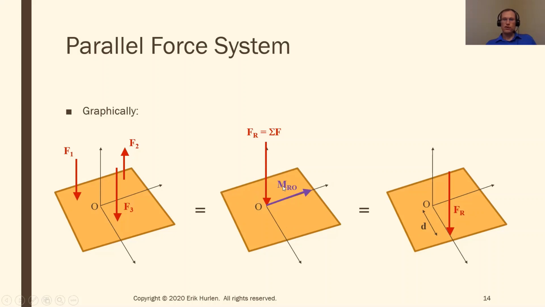Because I have a force in the downward direction, I want to move that force down or out, whatever you want to call it, in this direction here. That way this force is now causing that moment that's equivalent to MRO based on that distance d. So again, d times FR is the magnitude of MRO. That way I have the translational qualities because this net force is all these three forces added together, and I have the rotational qualities because this force times that distance is that net moment.